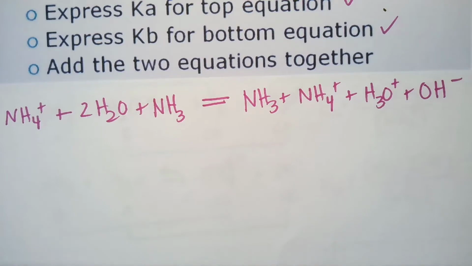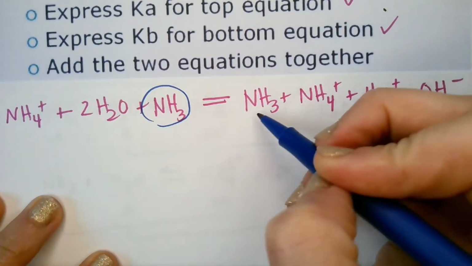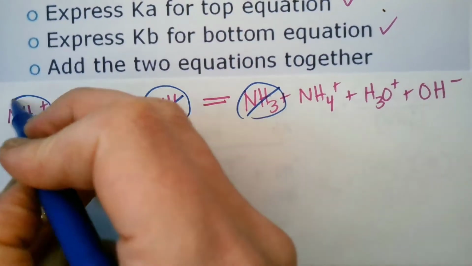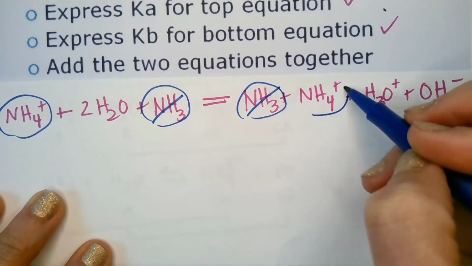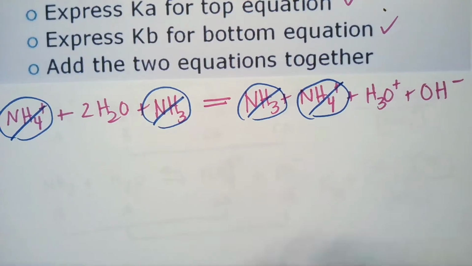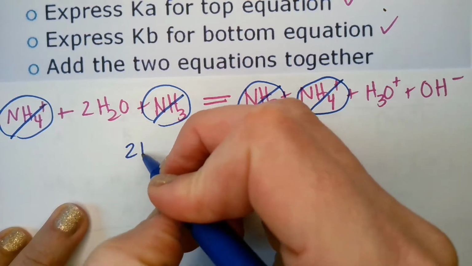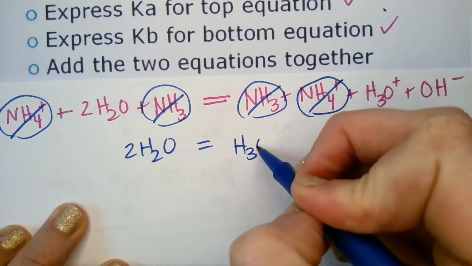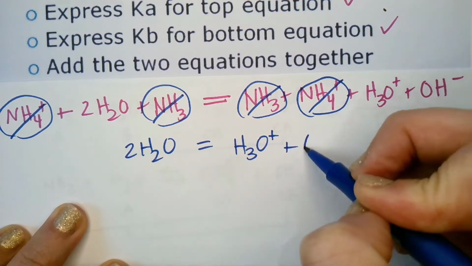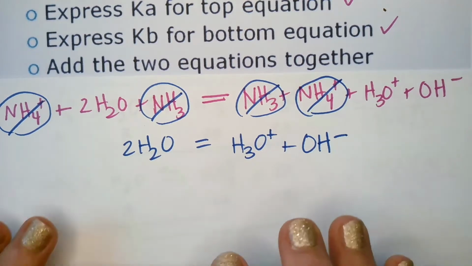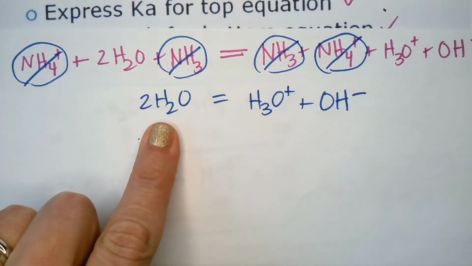So do we see anything that can be simplified? Well, hopefully we see NH3 and NH3 on both sides of the equation, so the ammonia and the ammonium can be simplified. Let's see what we're left with. And this should look familiar.